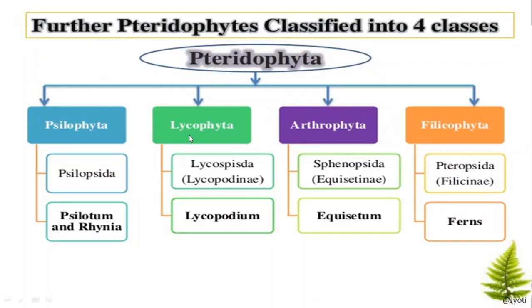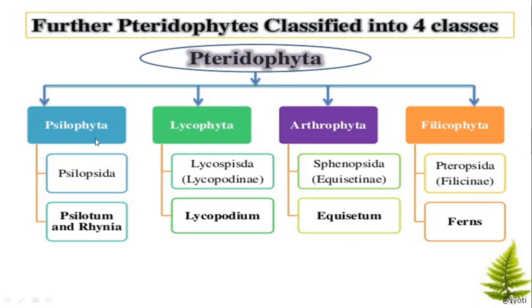so at the end let us just know the classification of pteridophyta. Details of these classes are not required, but you have to know what are the classes. So the pteridophyta are divided into 4 groups, that is Psilophyta, Lycophyta, Arthrophyta and Filicophyta.